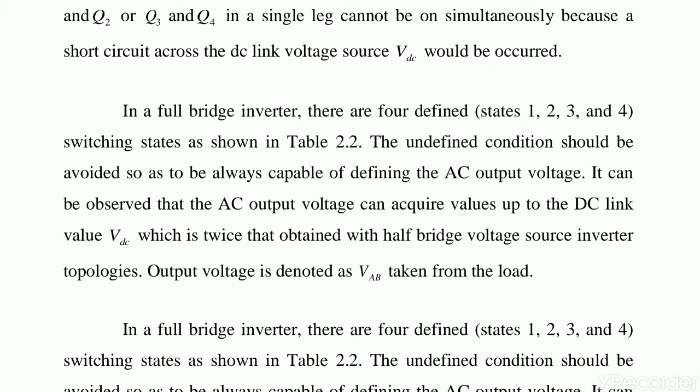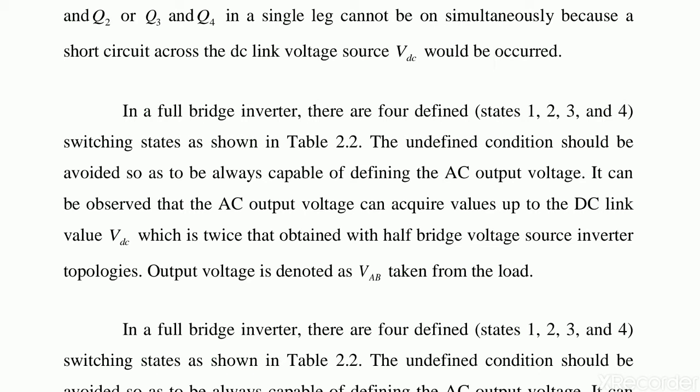It can be observed that the AC output voltage can acquire values up to the DC link value VDC, which is twice that obtained with the half bridge voltage source inverter. The output voltage is denoted as VAB, taken from the load.